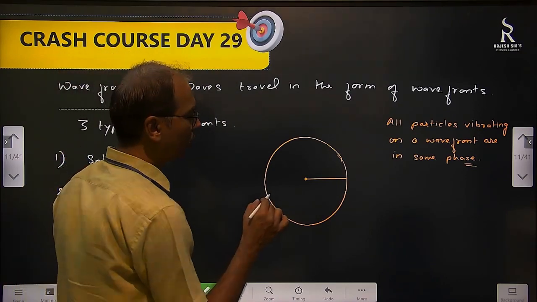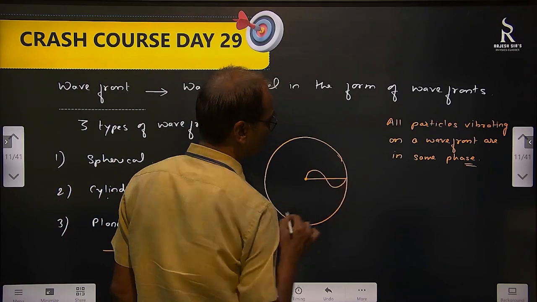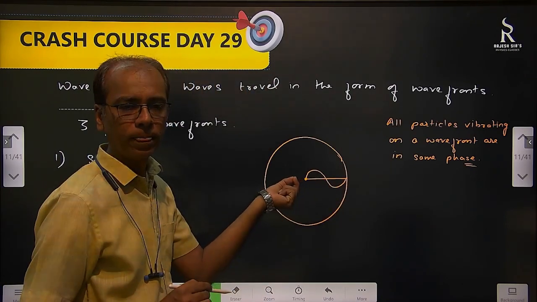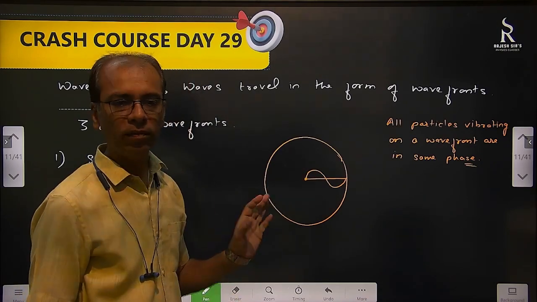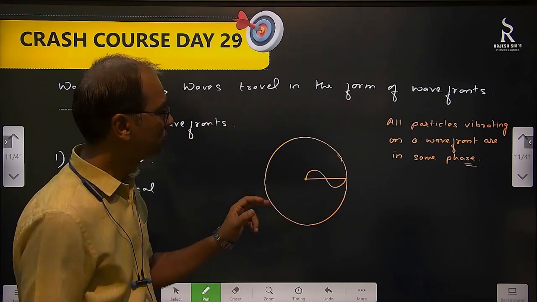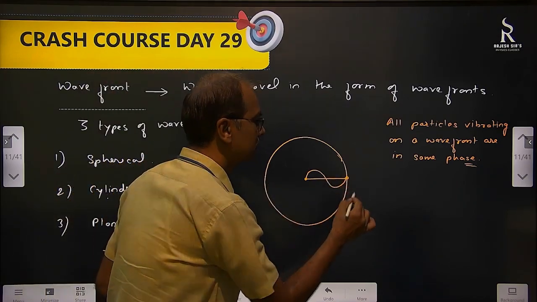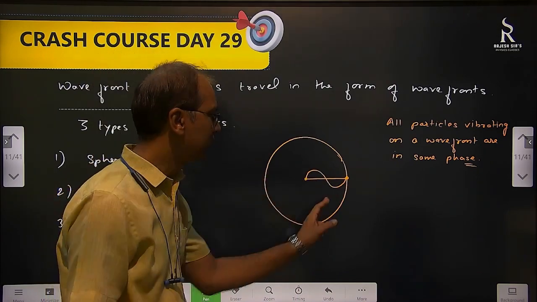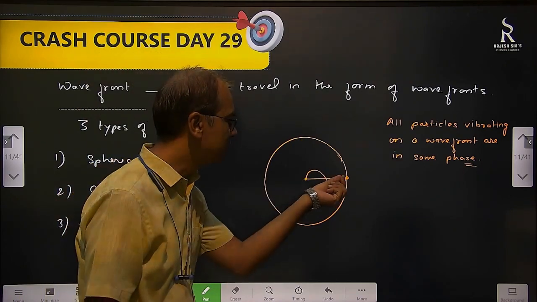Now, if I make one wave over it like this, this particular source will be producing these waves. They will be of the same wavelength. So this part here will be in the same phase, and all the particles vibrating here will be in the same phase, with a constant phase difference from here.